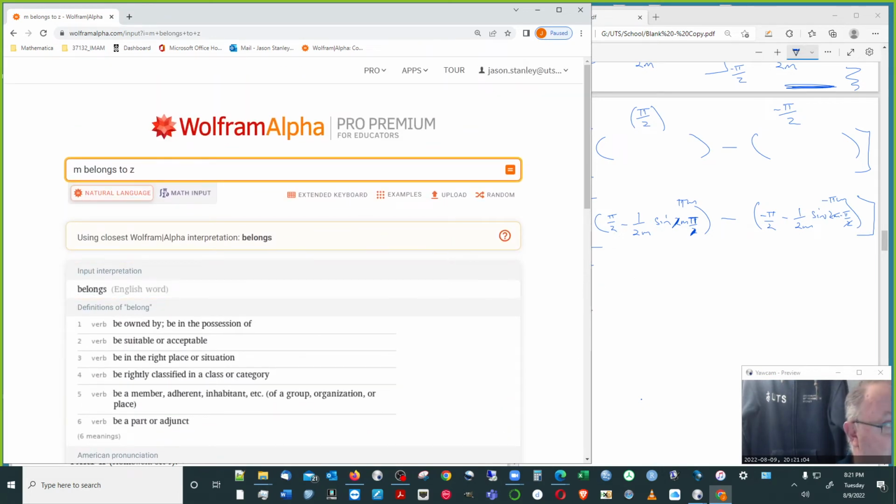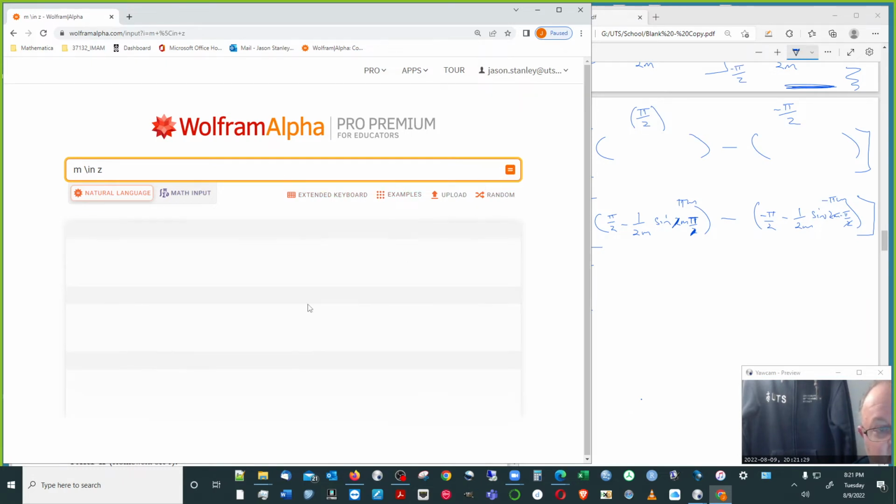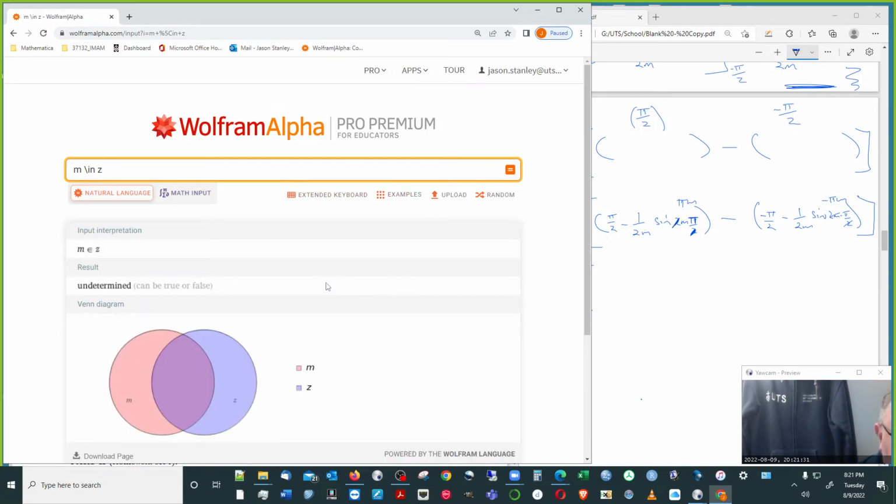That's not what I wanted. Sorry, I'm just looking up belongs to in LaTeX, and I'm going to feed Mathematica that one. Oh yeah, in. Let's try that. So this is a bit cheeky. I'm feeding in some LaTeX math to Mathematica, and there you go, it did it.